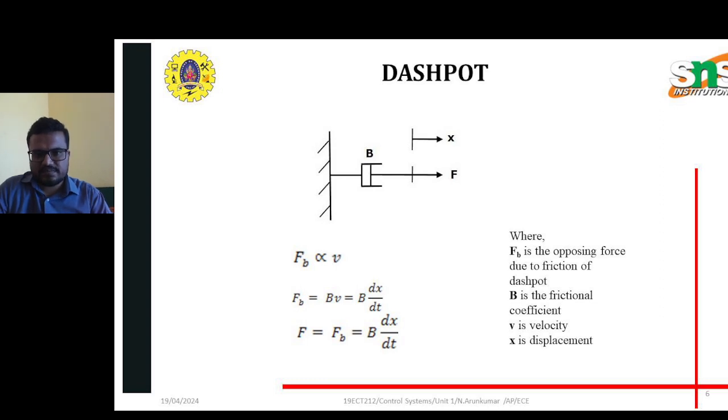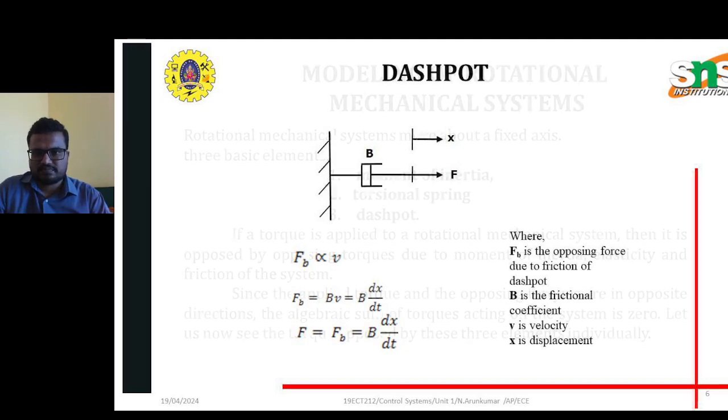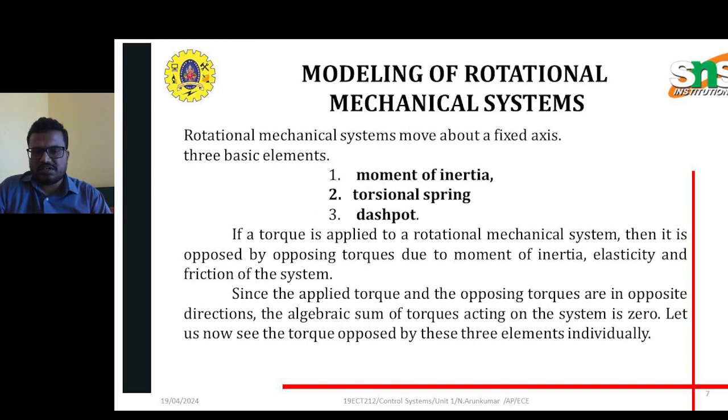So Fb directly proportional to v gives Fb equal to B into dx by dt, because we take the displacement of the object with respect to time. After calculating all three parameters, we can find out the mechanical system.